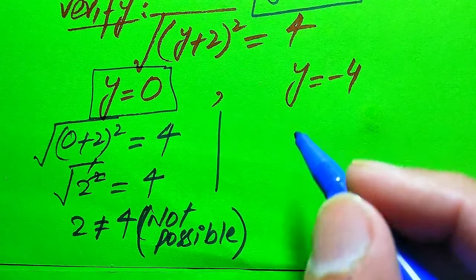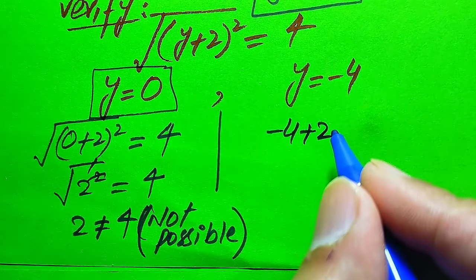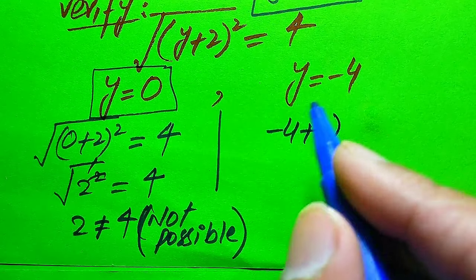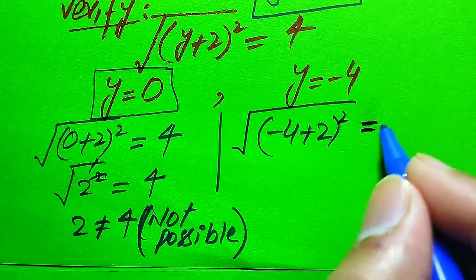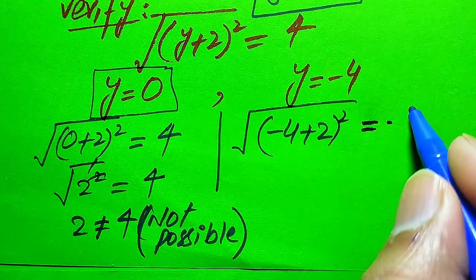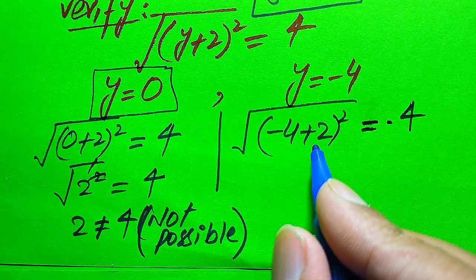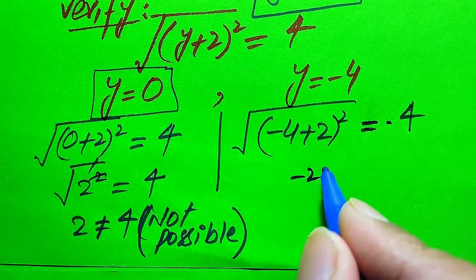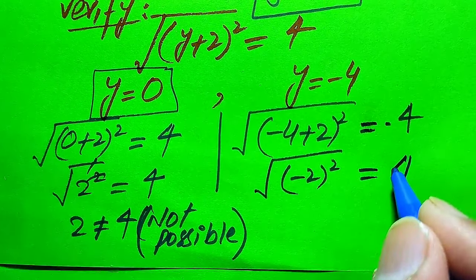and when we put it here it becomes the square root of (minus 4 plus 2) whole squared equals 4. And here you see that minus 4 plus 2 becomes minus 2, whole squared and its square root equals 4.